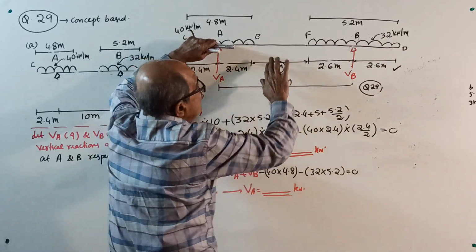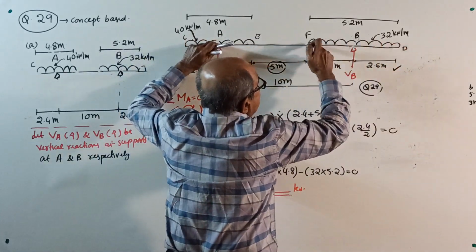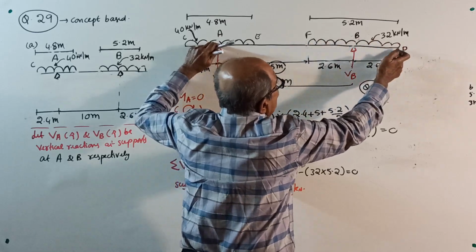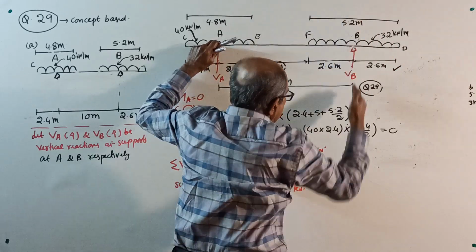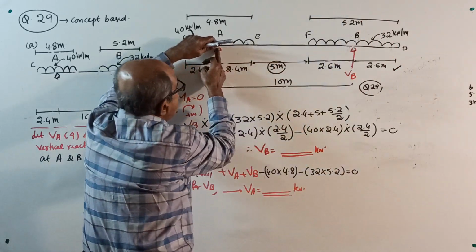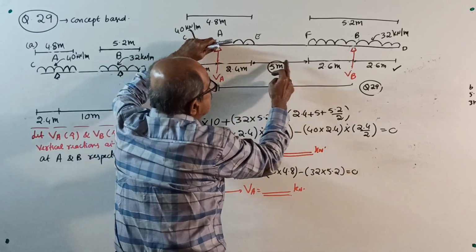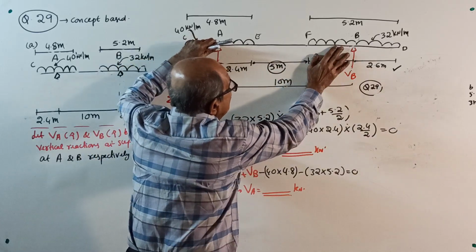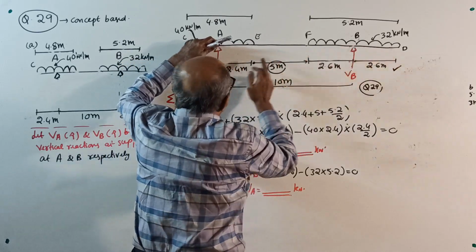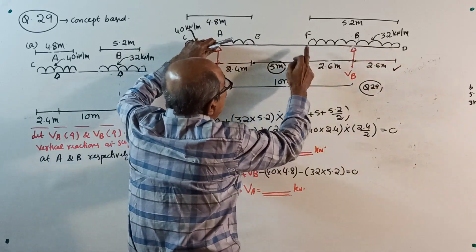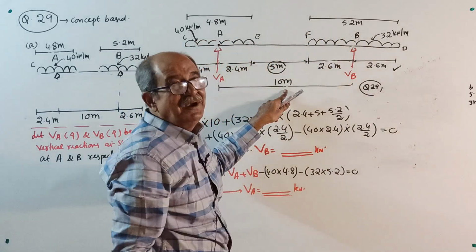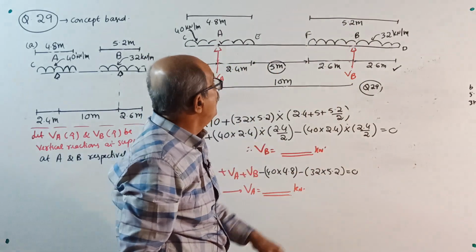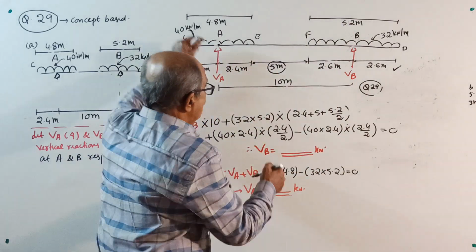When you take moment about A, entire UDL, 32 kN per meter for a length of 5.2 meter is the total load, into moment arm about A: 2.4 plus 5 plus half of 5.2. That's actually 10 meter only. Equal to 0. Sorry, not over.